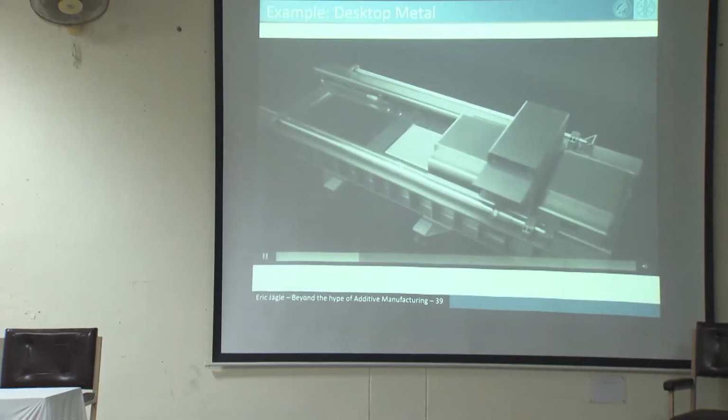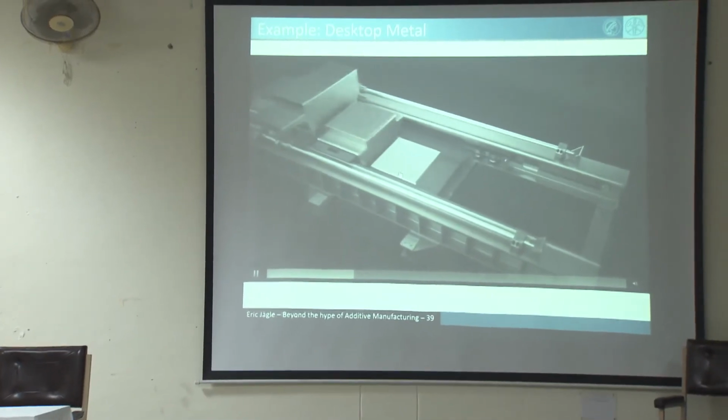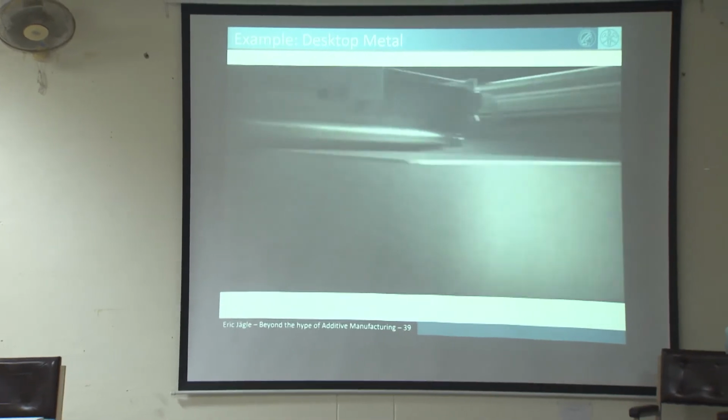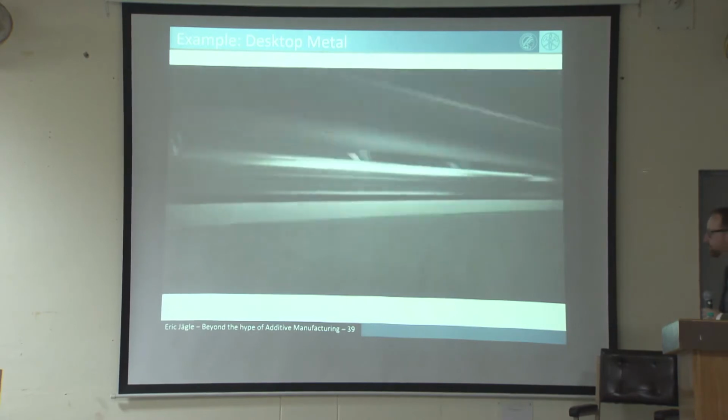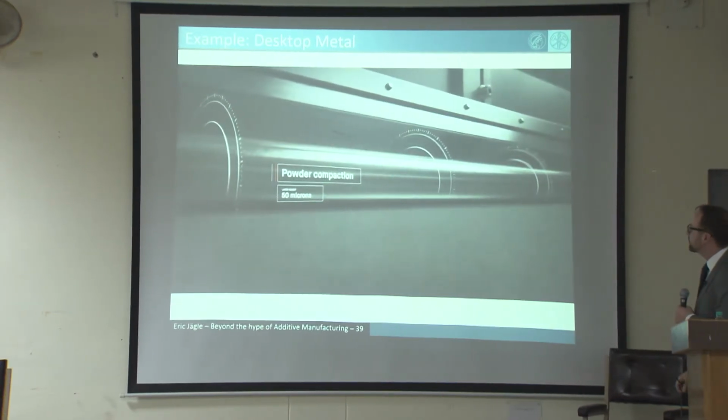So here is the video where you see how this works. I would like to forward a little bit, but I don't see. I think here I can forward a little bit. Okay, so this is their machine. And here you see a powder bed with a metal powder. And two print heads are going back and forth. First, the metal powder is deposited, forming a thin layer. The powder is compacted.